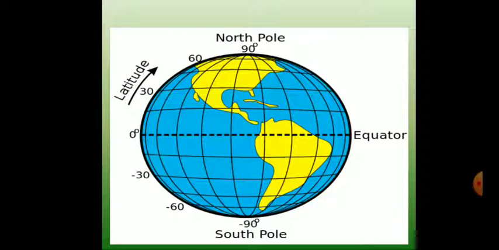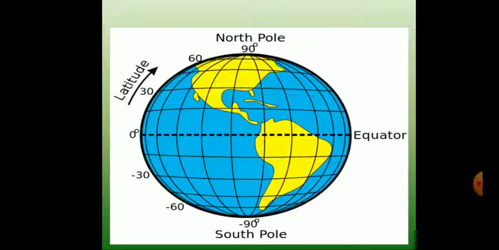Now we find that on the globe there is a 0 degree which indicates the equator. In maths we have already learned that a sphere is of 360 degrees, right?